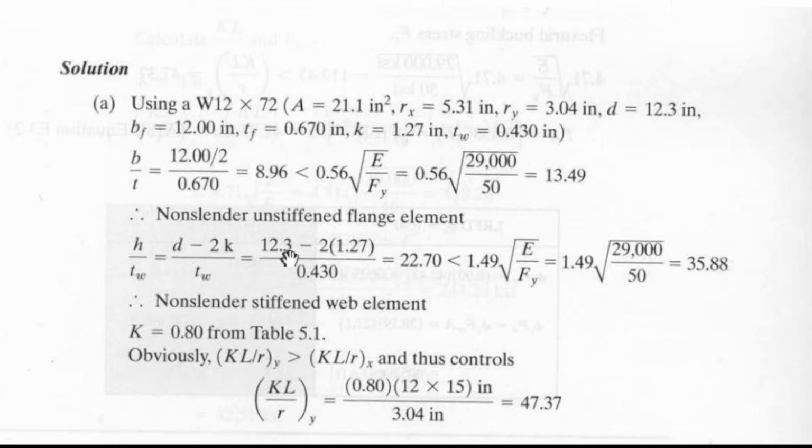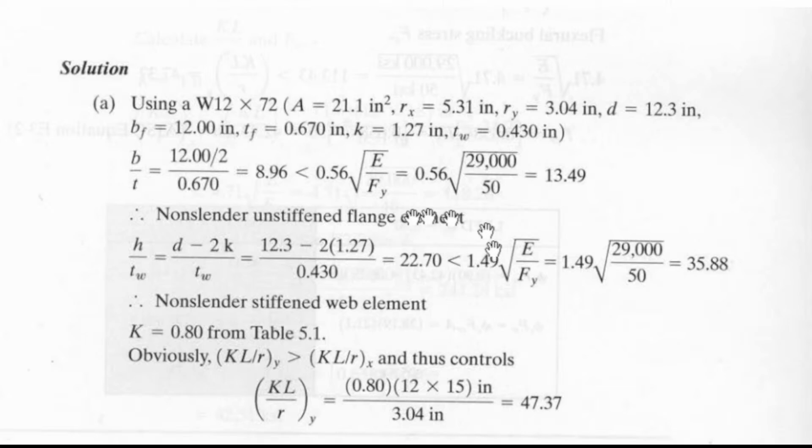So 12.3 minus 2 times K. So 12.3, we have to minus the 2 flange dimension. Okay? So subtract the 2. Then divide by web thickness 0.43. Therefore, you have 22.7.